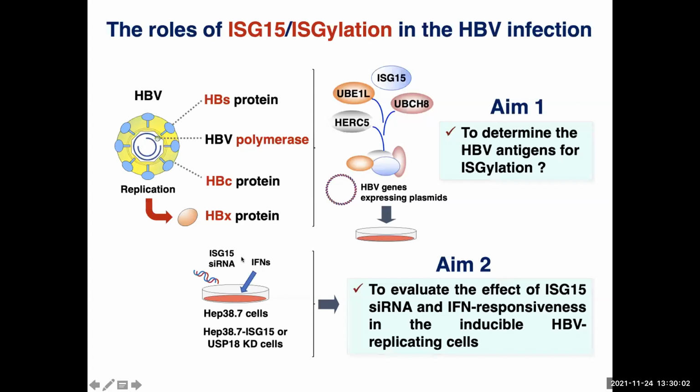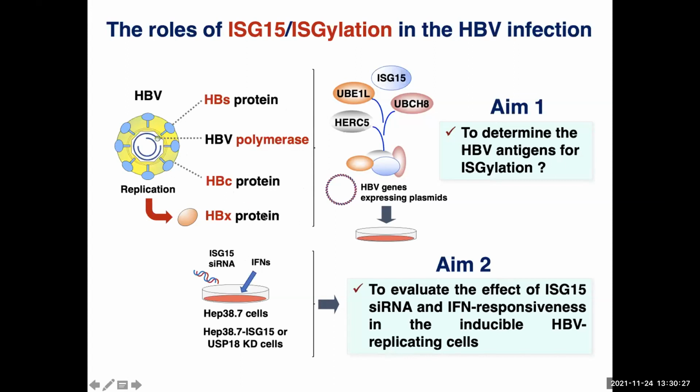And HBV is a DNA virus, and the genome size is just 3.2 kilobases, a small DNA virus. And HBV has 4 viral proteins: HBS protein, HBV polymerase, HBC protein, and HBX protein.